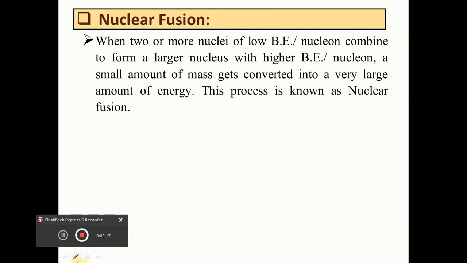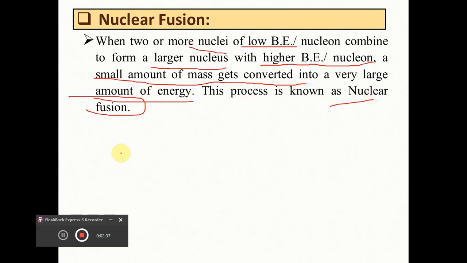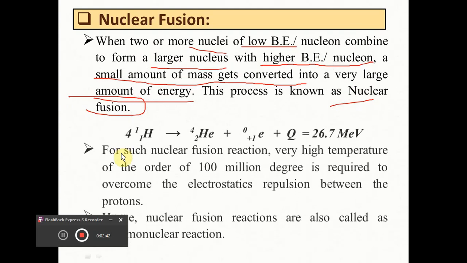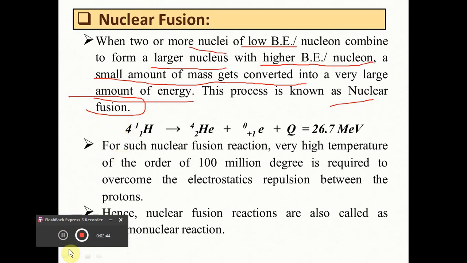Nuclear fusion is simply when two or more nuclei having low binding energy per nucleon combine to form a larger nucleus with a higher value of binding energy per nucleon, and in this case a small amount of mass gets converted into a very large amount of energy. This process is called nuclear fusion. It's very simple, and we already discussed it in the previous part.